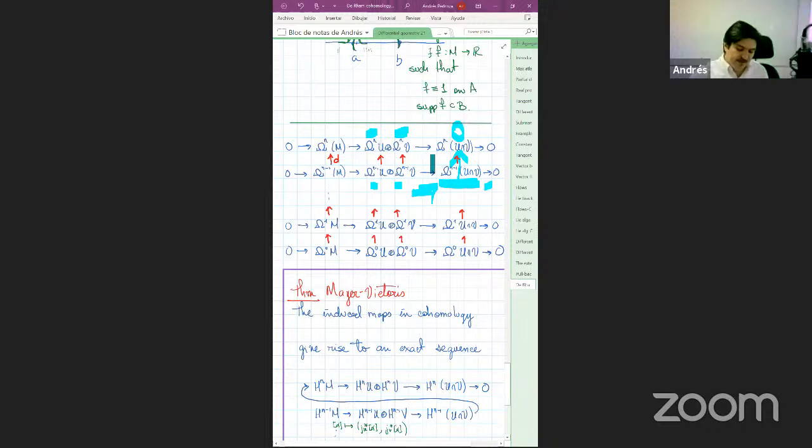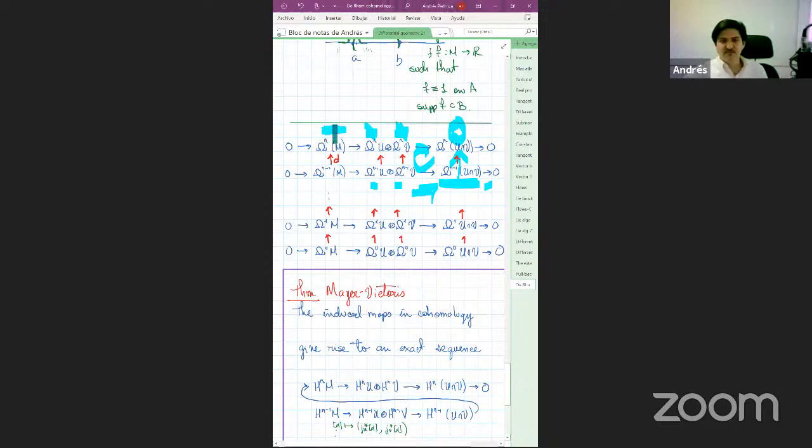It happens that this square commutes. That means that whatever you have here maps to 0. And because the sequence is exact, you get an element here.